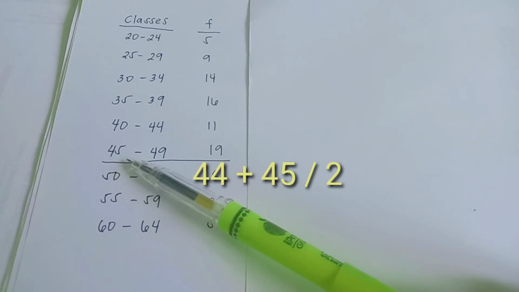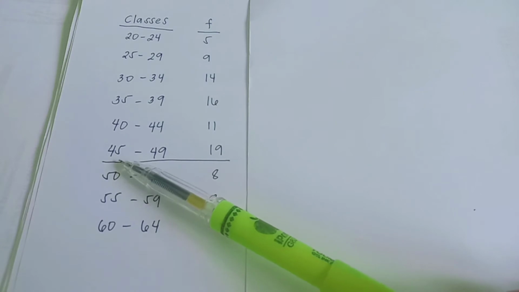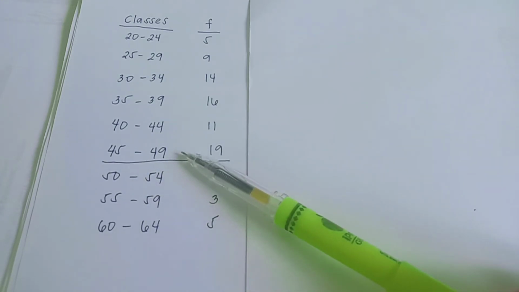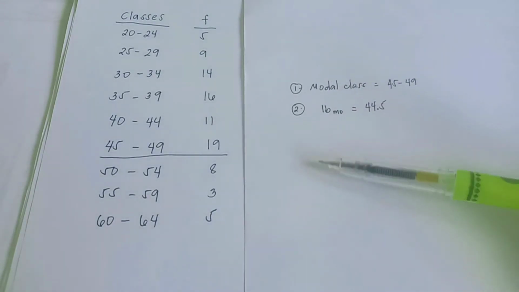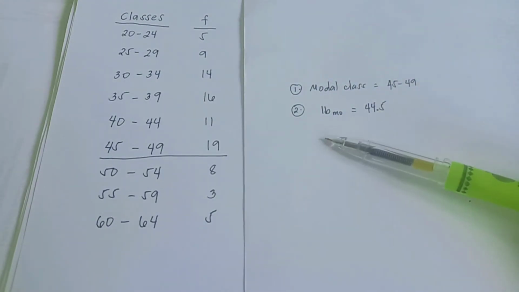Or, mas madali, just simply mag-minus lang tayo ng 0.5 dito sa 45. So, maging 44.5 ang LB natin or ang lower boundary of the mode.